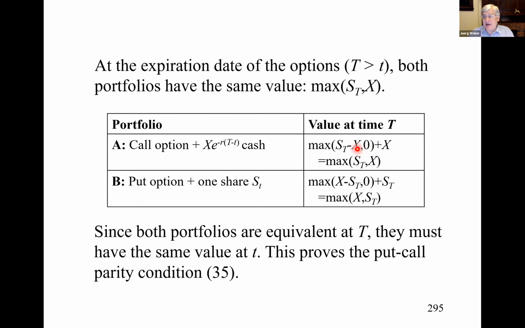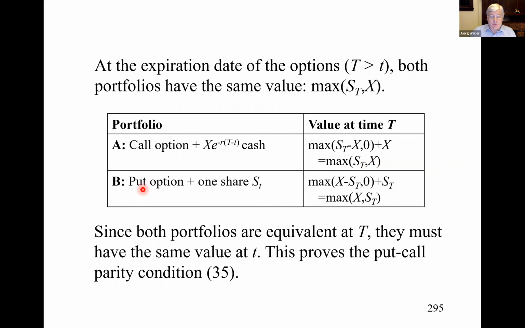So here the X cancels out, S_T minus X plus X. And here naturally you also have 0 plus X. So 0 plus X gives me the X down here, and S_T minus X plus X gives me the S_T. So at time big T, when the option expires, we have the maximum of those two.